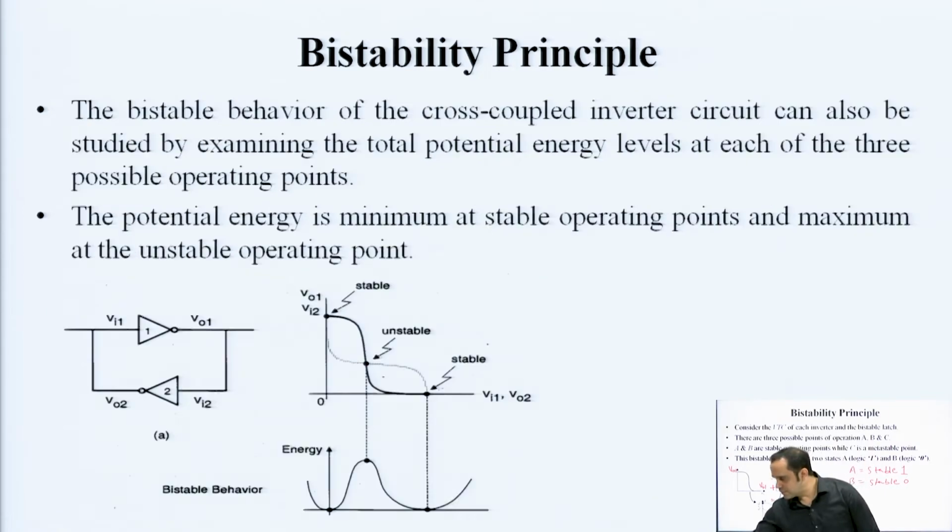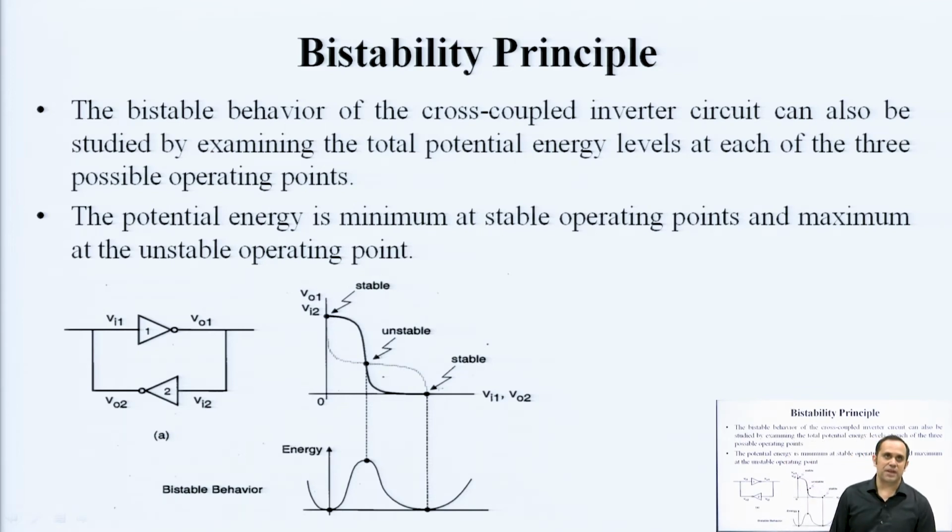This bistable behavior of your coupled inverter circuit can also be studied if you see the energy distribution. So, you have this inverter 1, Vi1 giving Vo1, passed on to the second inverter, so that its output is fed back. This is how the voltage transfer curve looks. This is your unstable point, these are your stable states.